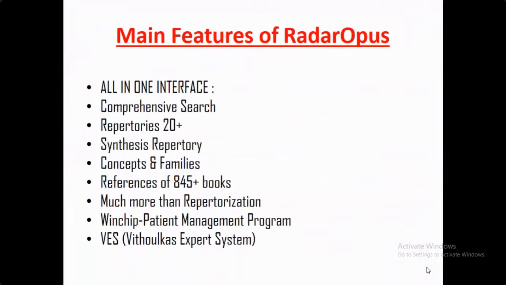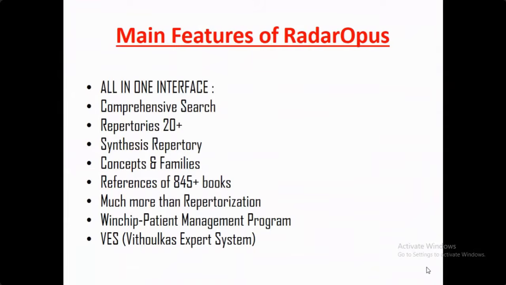What are the main features of RadarOpus? RadarOpus is known for its beautiful all-in-one interface. It has comprehensive search, which includes simple search and advanced search. It has more than 20 repertories, and it has the Synthesis repertory, which is the most advanced repertory of today's time. It has concepts and family that make repertorization very easy and very conceptual.